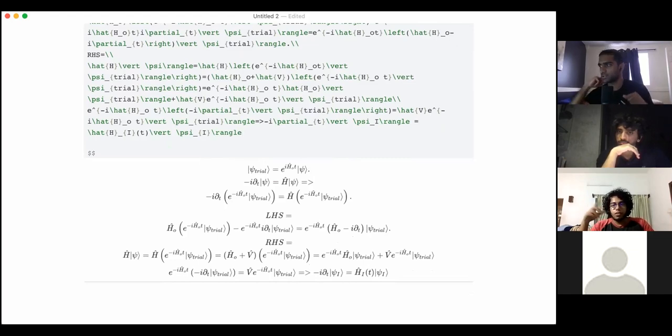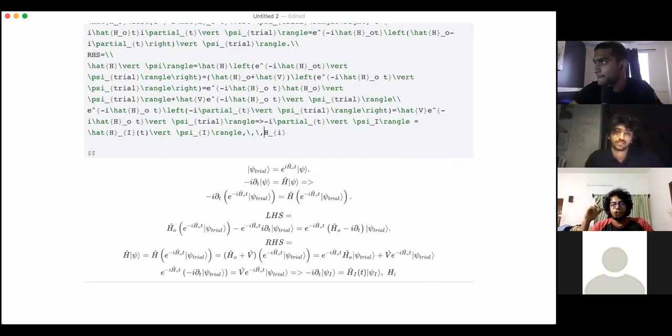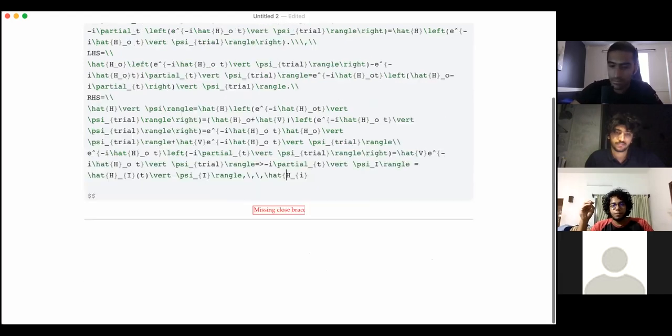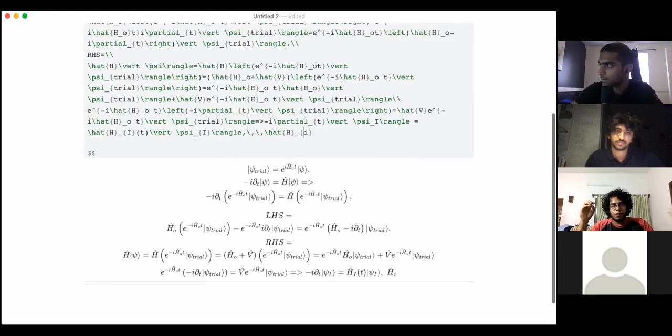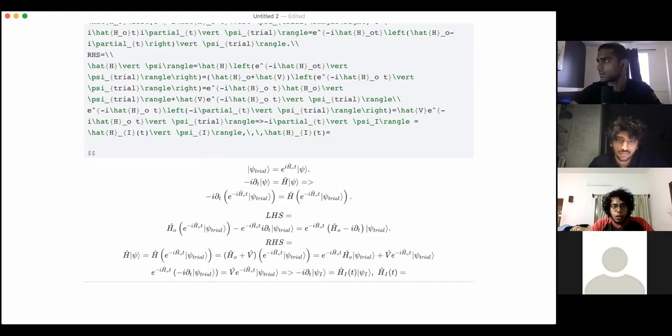It's the potential with the dressing, where now H sub I equals what? It's our expression.